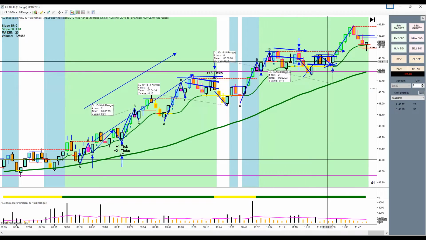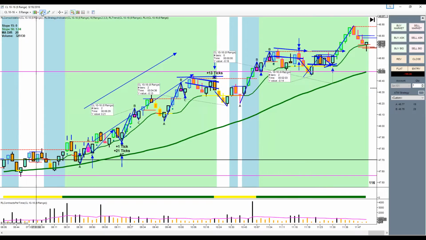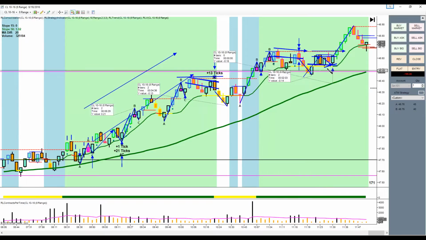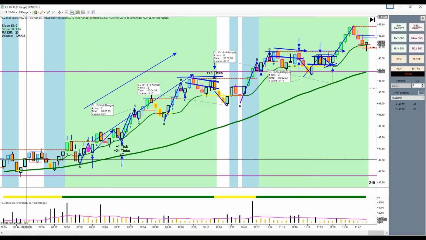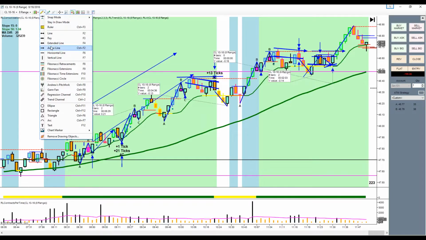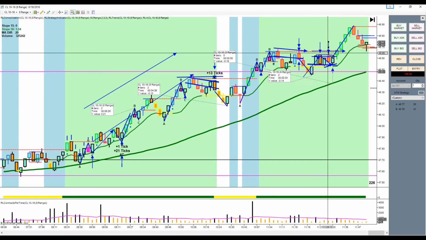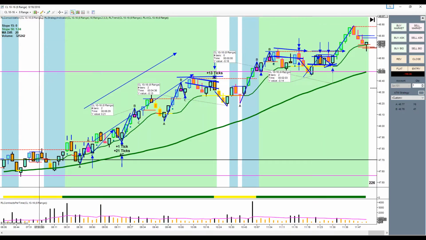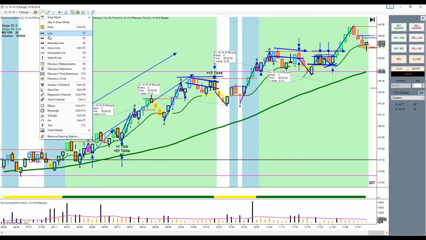This is consolidation. And what makes consolidation so powerful is you've got traders trapped in both directions. You've got short traders, a lot of short traders trapped here, a lot of short traders trapped here, and then you've got all the traders in these long candles.